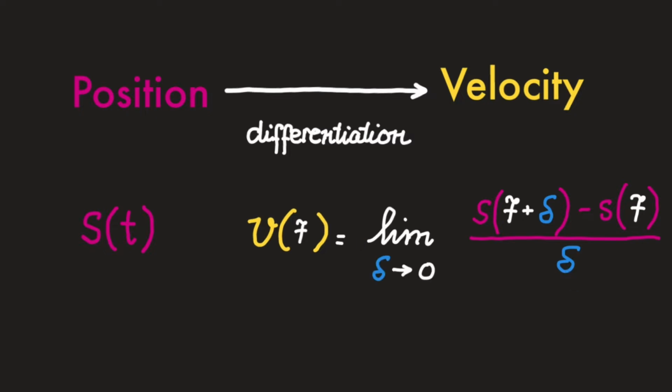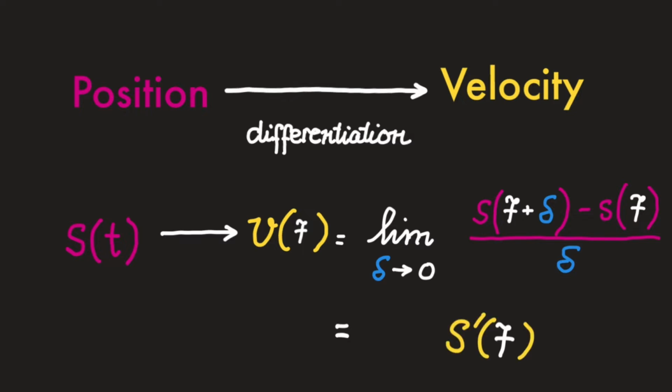Now, to know your velocity right at 7, you just take the limit of this average velocity as the duration delta approaches 0, i.e. you want to take your average speed over smaller and smaller time intervals around 7. Another name for this limit is the derivative of s at 7.